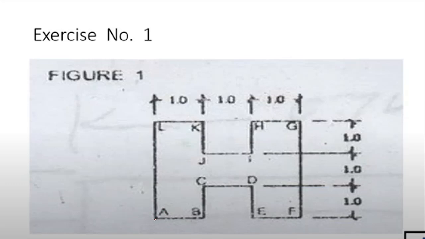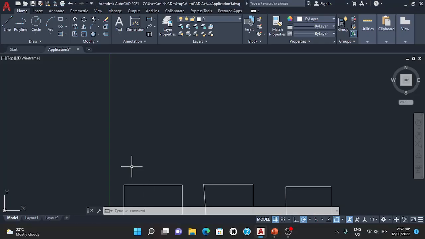Let's say that this point is at 1 for x, and the y-axis would be, let's say, 10. So this is 1, comma 10. Let's type L for line and indicate 1, comma 10. By indicating the starting point, we have here 1, comma 10.